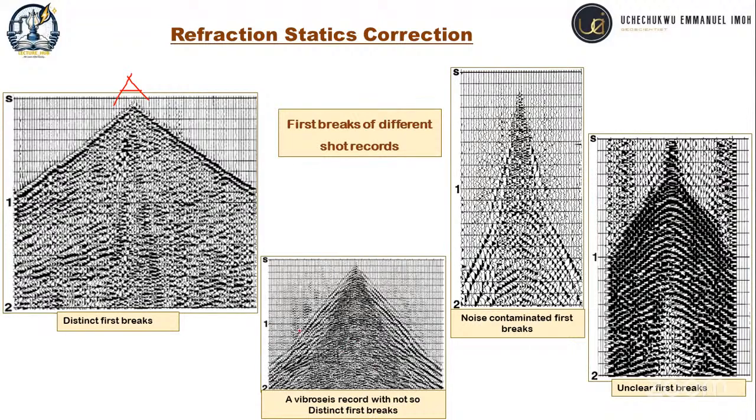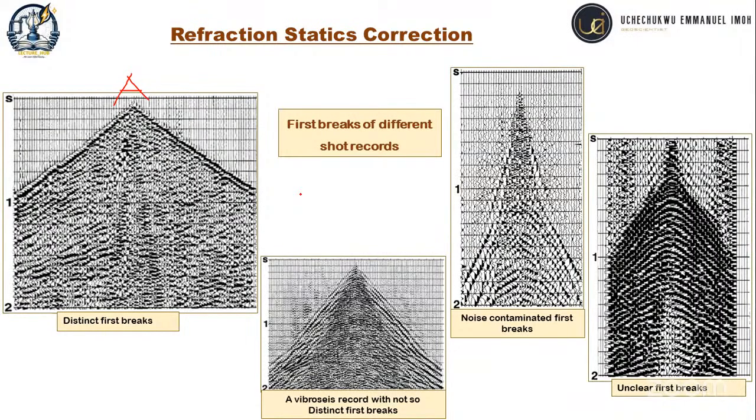In the acquisition, you have a lot of shots, up to 10,000 or 20,000 shots, depending on the size of the seismic area acquired. So picking them and making these corrections can take a while.